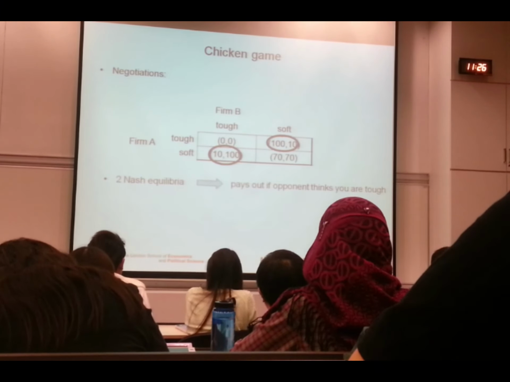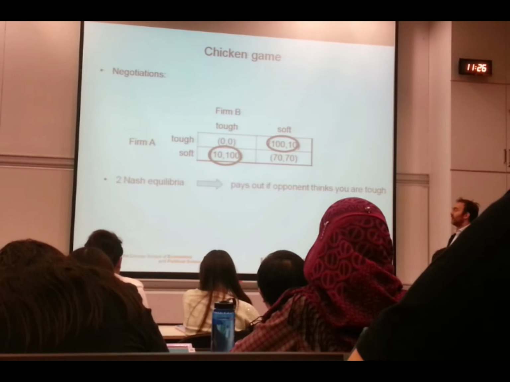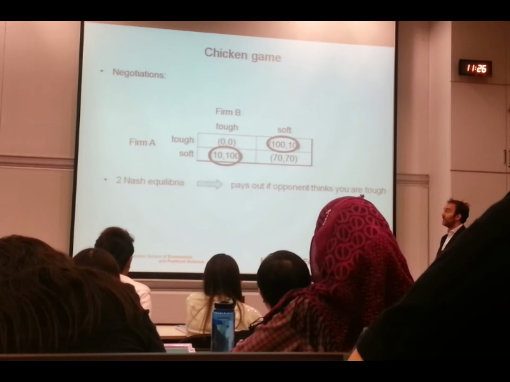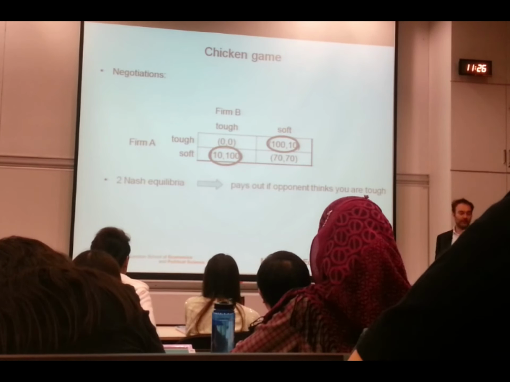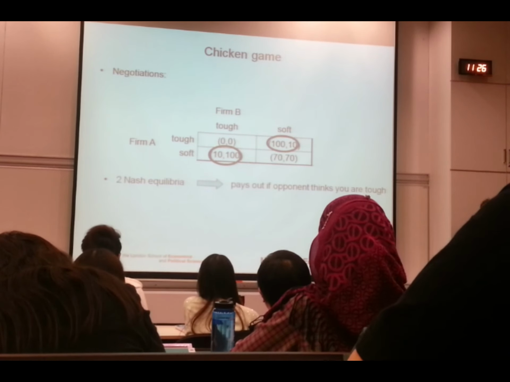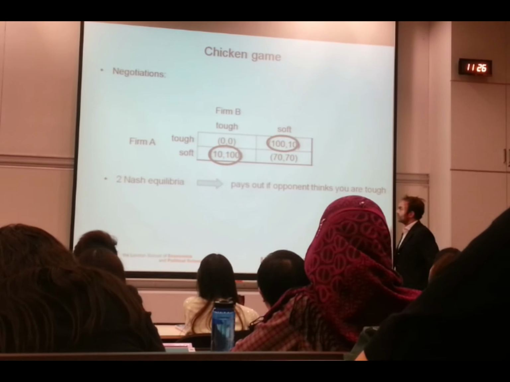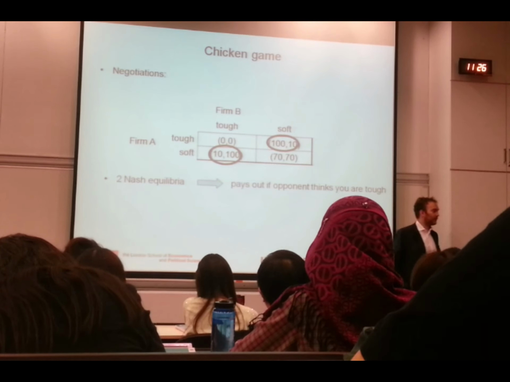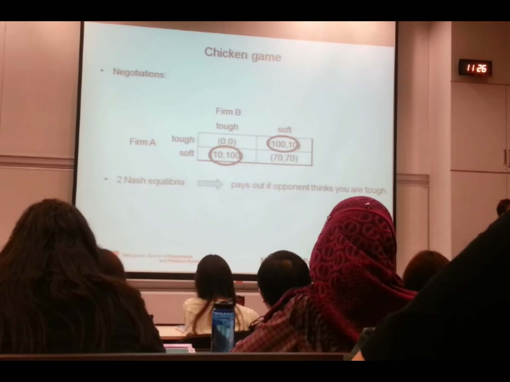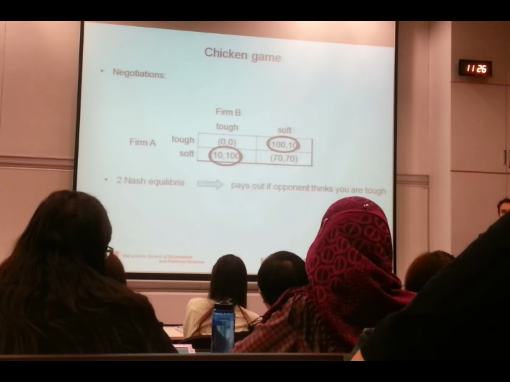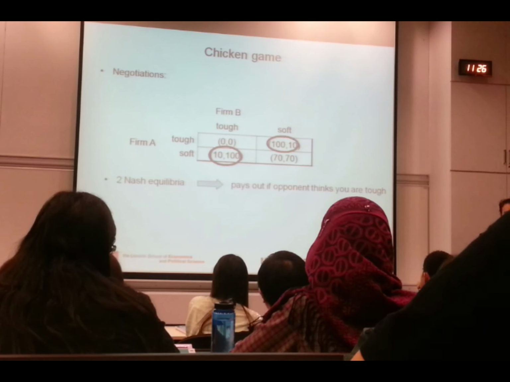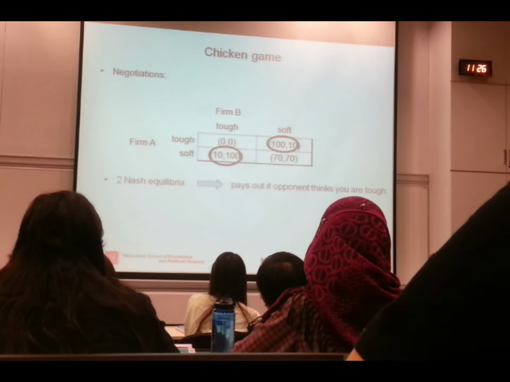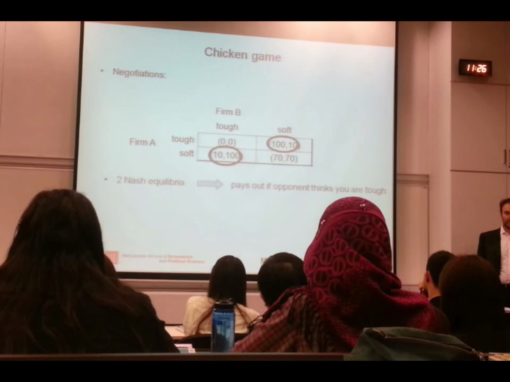So this means that for both of the firms, it's actually a good thing if the other player thinks that I'm a tough negotiator. Right? So if firm B believes that firm A is going to choose a tough strategy anyway, it's best for firm B to play soft. If it thinks that firm A is going to be soft, it's better for them to play tough.